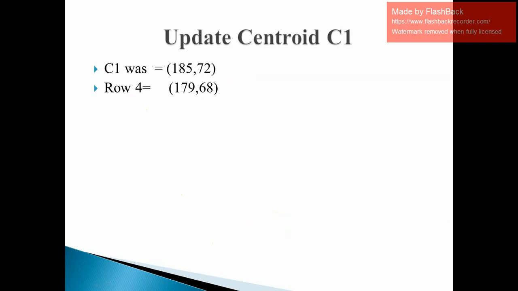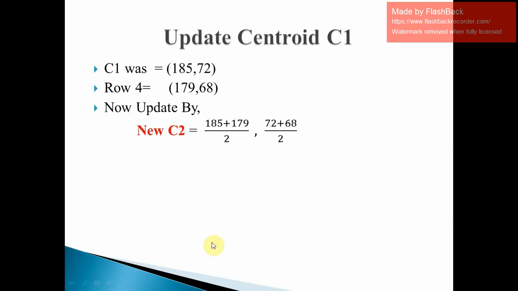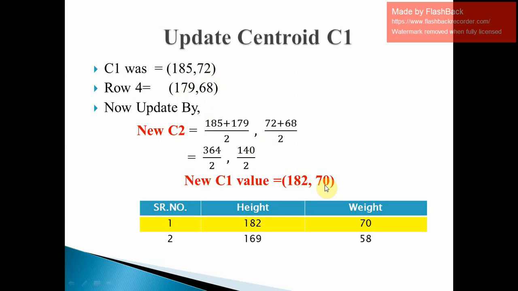We are finding the mean of it. So it will be updated by 185 plus 179 and 72 plus 68, divided by 2. So the new C1 value will be 182 comma 70, and C2 will remain as it is because we have not updated centroid C2.